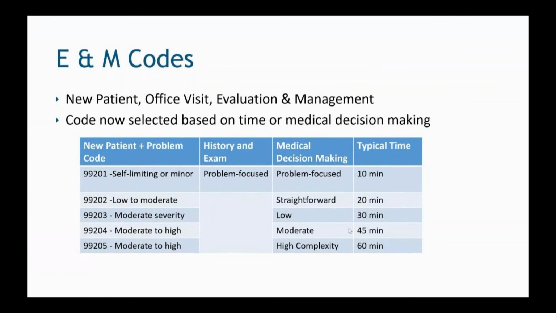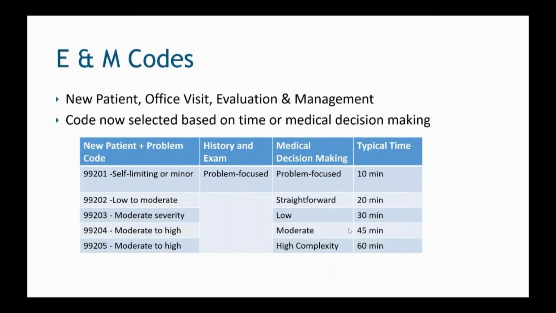Okay. So when we talked about how you choose an E&M code, there are E&M codes for a new patient office visit, and you can see here in the blue table, they end in 01, 02, 03, 04, and 05. Okay, that's new patient. And so how you select it is on medical decision making or the typical time.